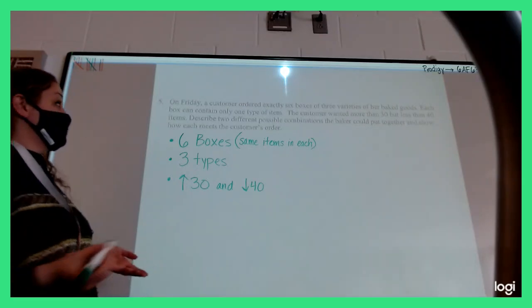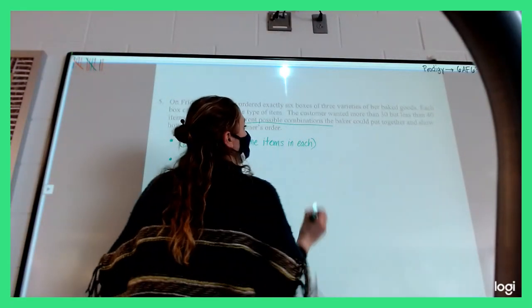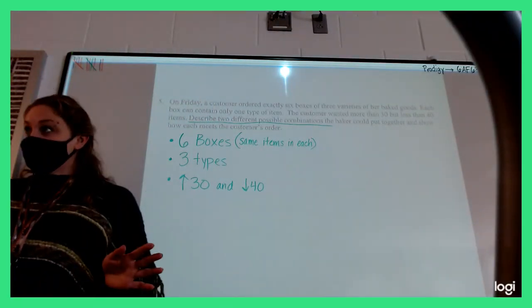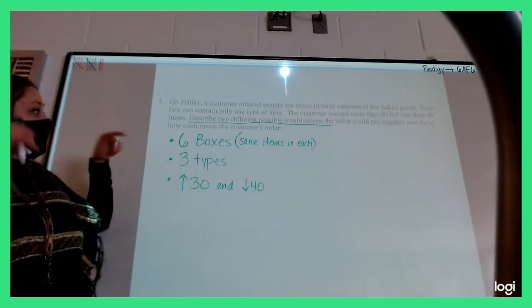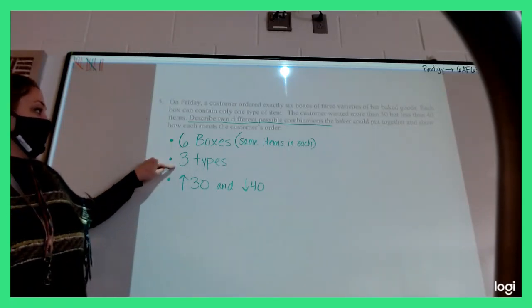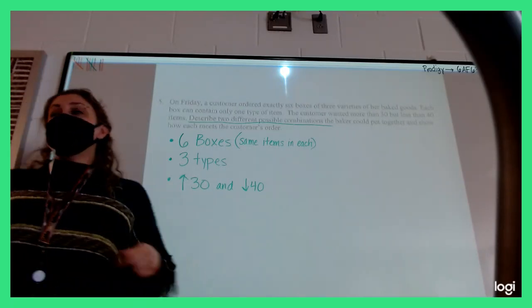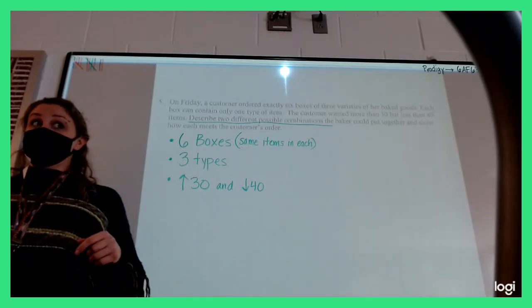Now what the question wants us to do is describe 2 different possible combinations the baker could put together. A lot of info, okay? Let's just think a minute to let that jive with our brain. I've got 6 boxes. I can only use 3 types. I have to have between 30 and 40 things. What other information is it going to be important for us to know? Hint, it's on the front page.